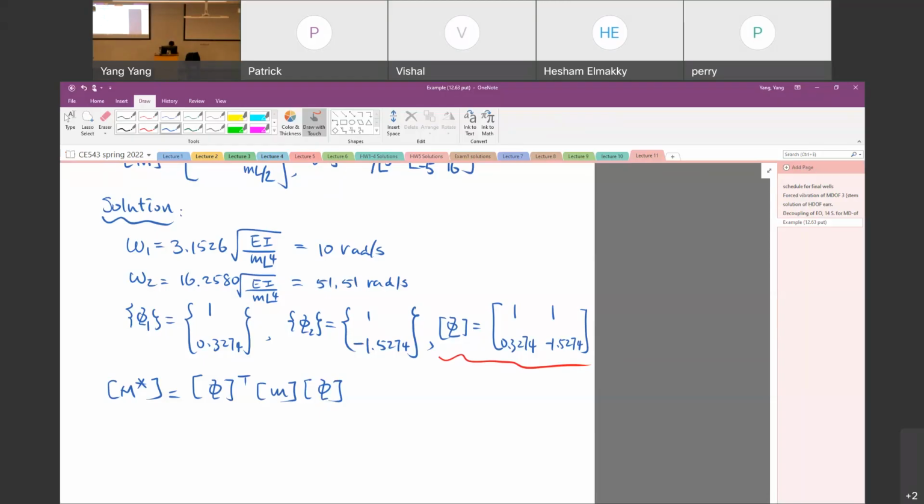The transpose should be this one. Transpose means we make the first row the first column and the second row the second column. Times the m, where m is L over 4.